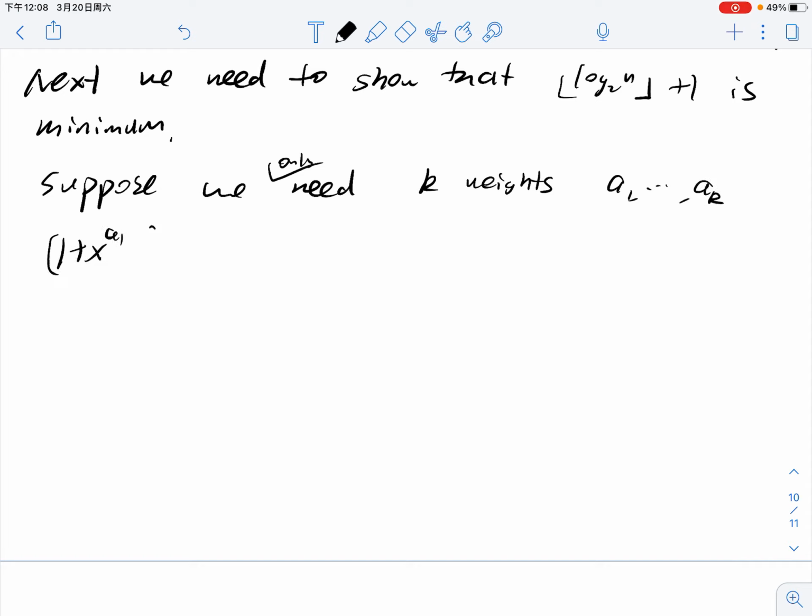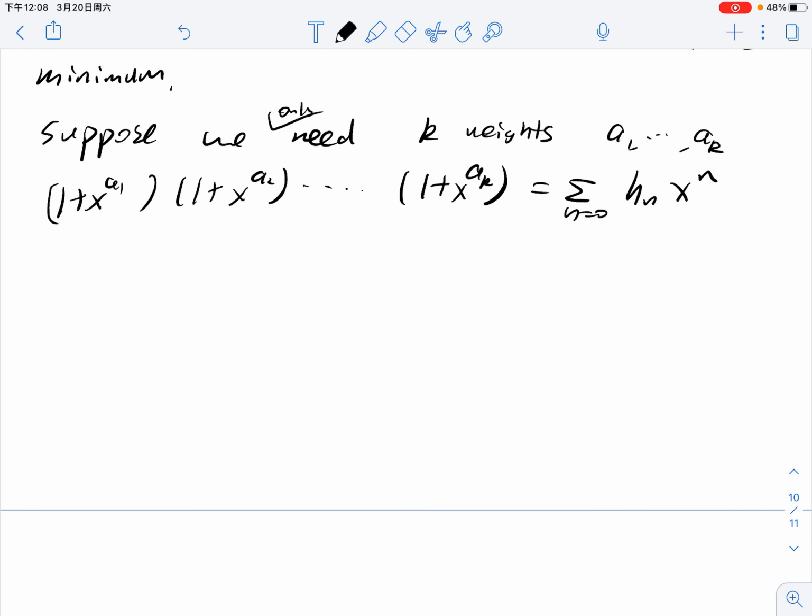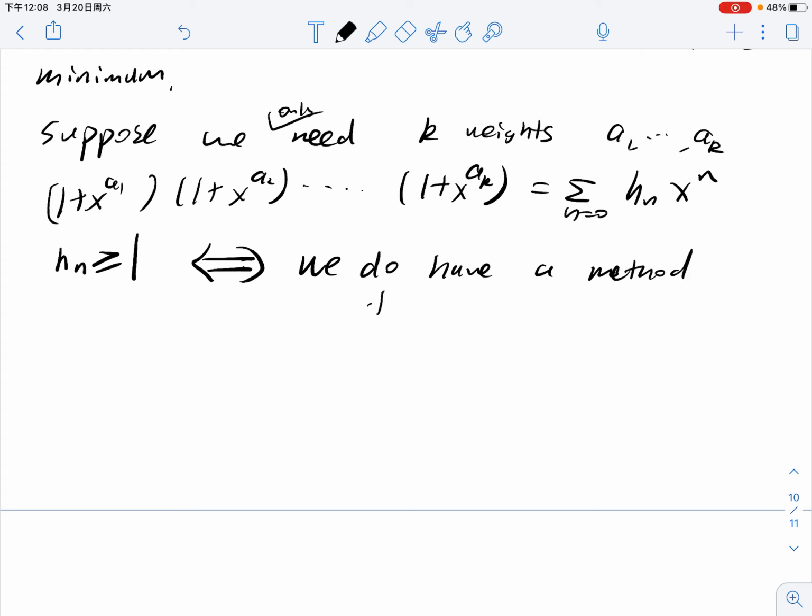Then we can construct the generating function, and note that h_n greater than or equal to 1 means we do have a method to balance.